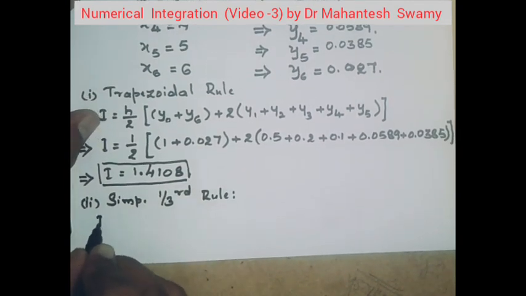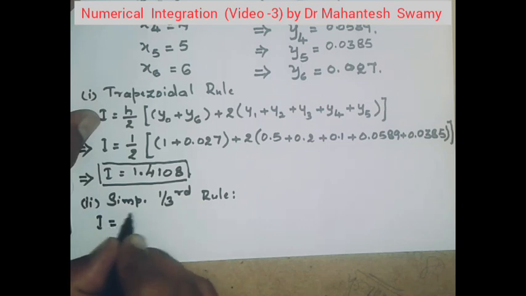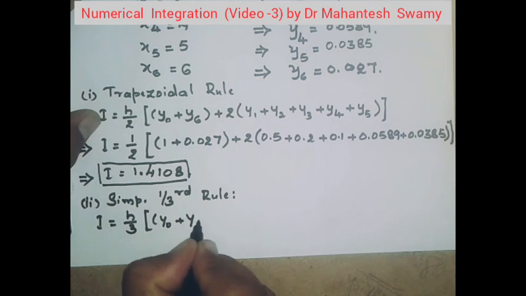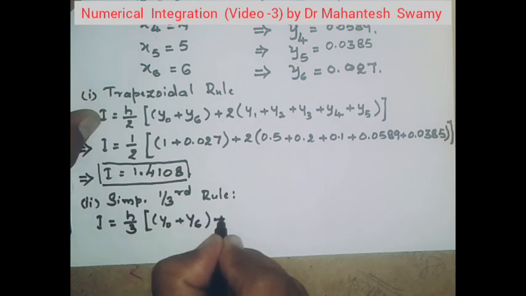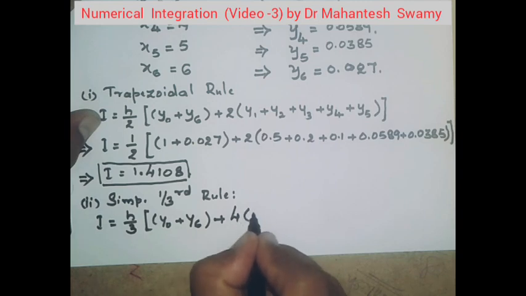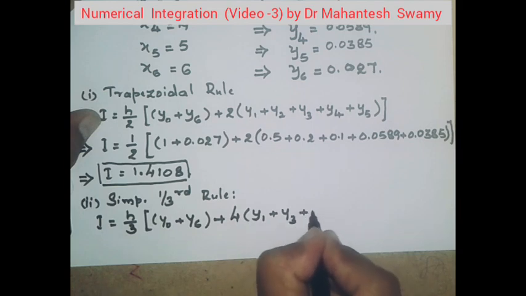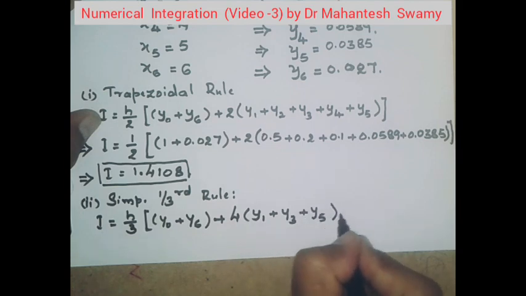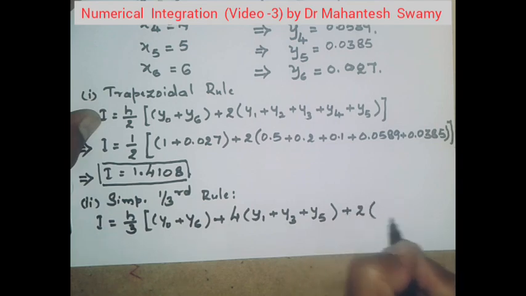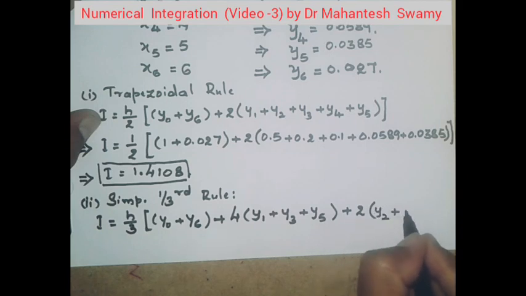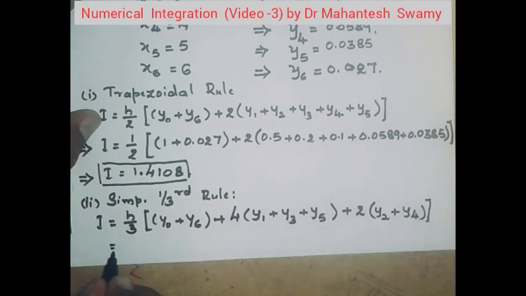It is integral I equals 1/3, means h by 3, into the first value plus the last value plus 4 times all the odd subscripted values of y, that is y1 plus y3 plus y5, plus 2 times the even subscripted values, y2 plus y4.